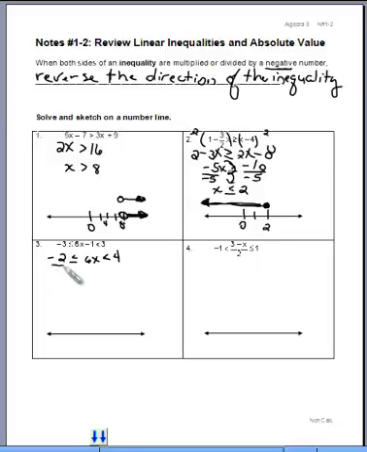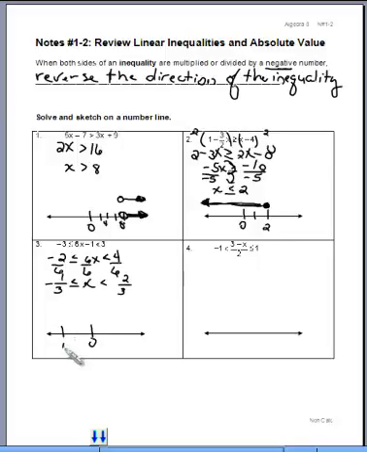So negative 2 divided by 6 is going to be negative 1/3, and it's a positive 6, so even though this is a negative answer, the sign stays the same because the number we divided by was a positive 6. And that's a 1x, and we need to reduce this fraction, which will be 2/3. Okay, so we have negative 1/3 is less than or equal to x, which is less than or equal to 2/3. So here's our 0.